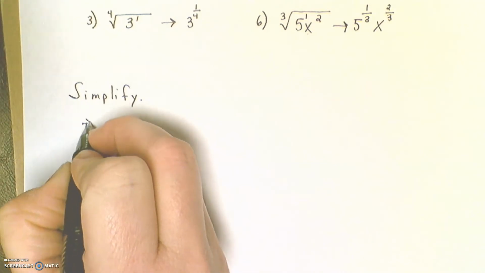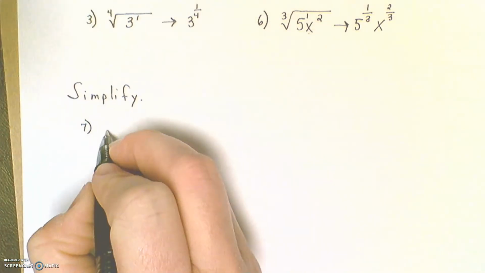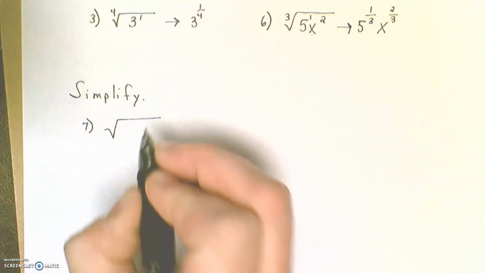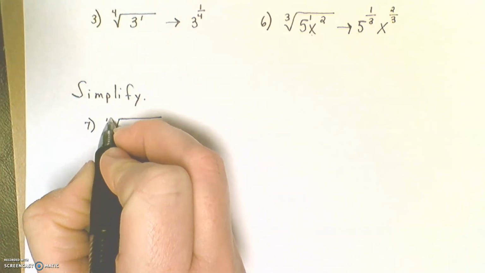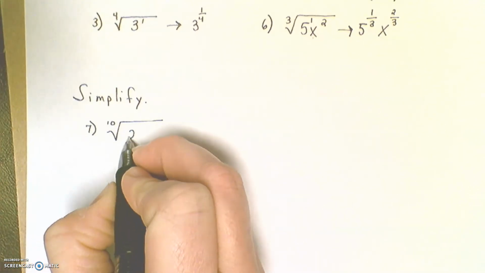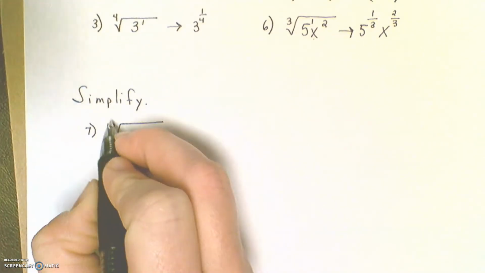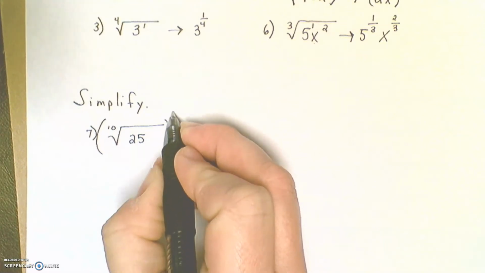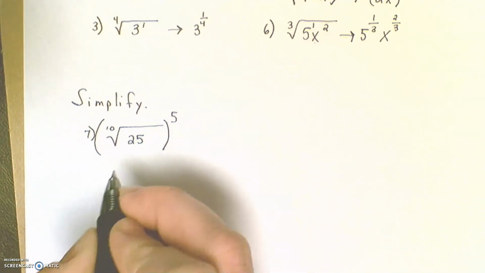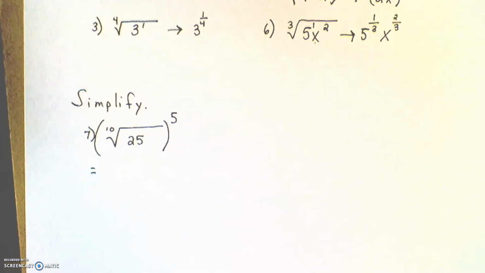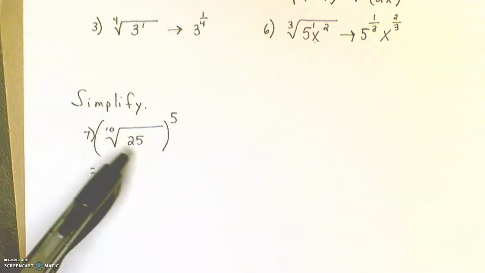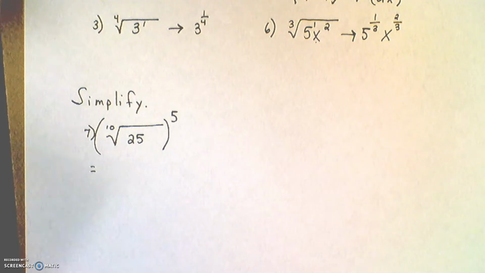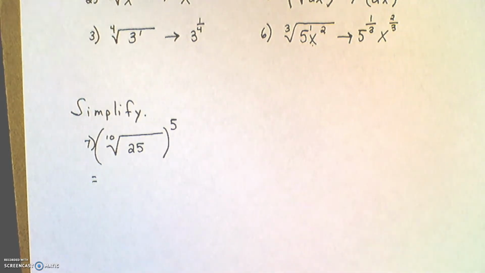Number 7. Suppose we had the 10th root, 25, and this is in parentheses, raised to the 5th power. And we're asked to simplify this. Simplifying this large of an index, sometimes it's easier to write in another form.